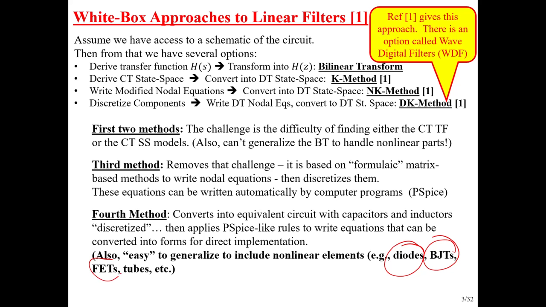We've got some FETs that show up in various audio circuits. We've not seen a schematic with a FET in it, but they do exist. And then tubes. We've seen the tubes in the amplifier schematics that we've been talking about. All of those things are nonlinear, and anything else.